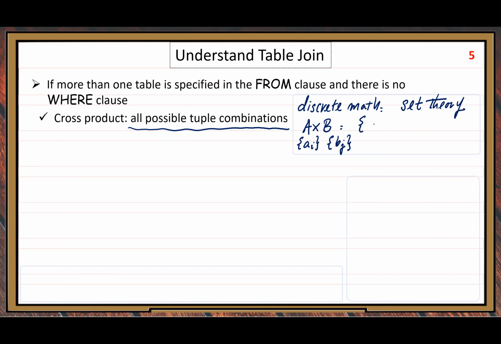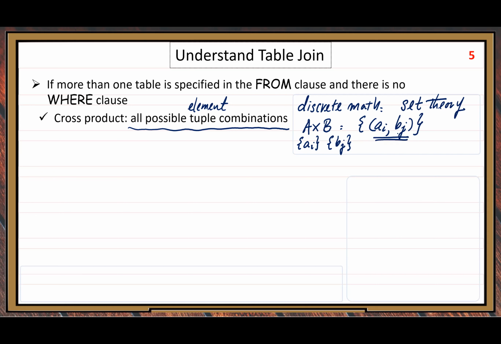In the new set, the element has this structure: a tuple combination, or element combination. The first component of the new set element is from set A, and the second component is from set B.